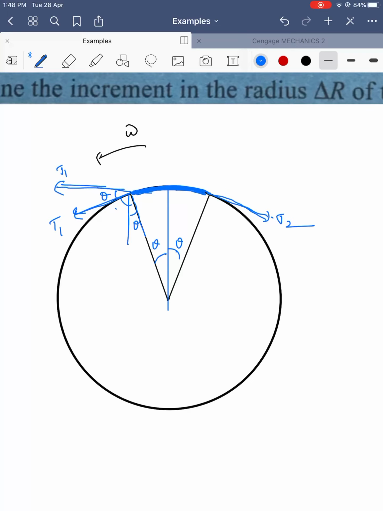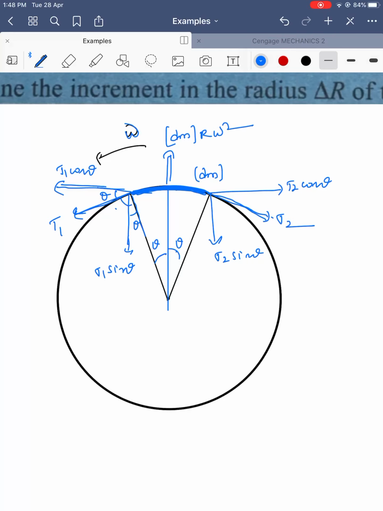So I am writing T1 cos theta, and similarly T2 cos theta, and in the downward direction T2 sin theta and T1 sin theta. There will be a small section of mass dm. The ring is rotating with angular velocity omega, so there will be a centrifugal force outwards, equal to dm into r omega square.